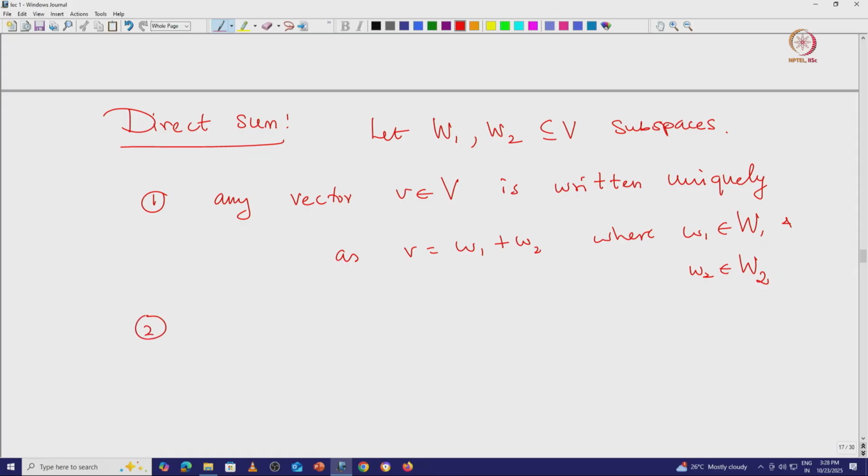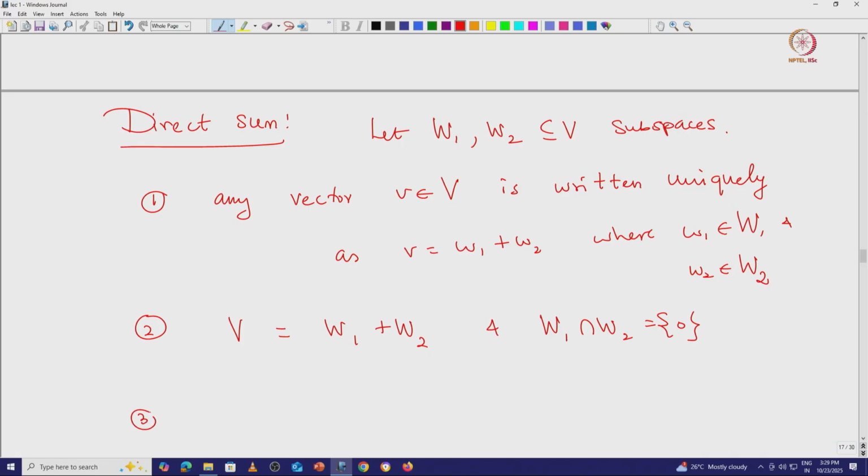One can take this to be one of the definitions of direct sum. Traditionally, one defines as follows: V equal to W1 plus W2 and W1 intersection W2 is 0. So, this is another definition of direct sum.